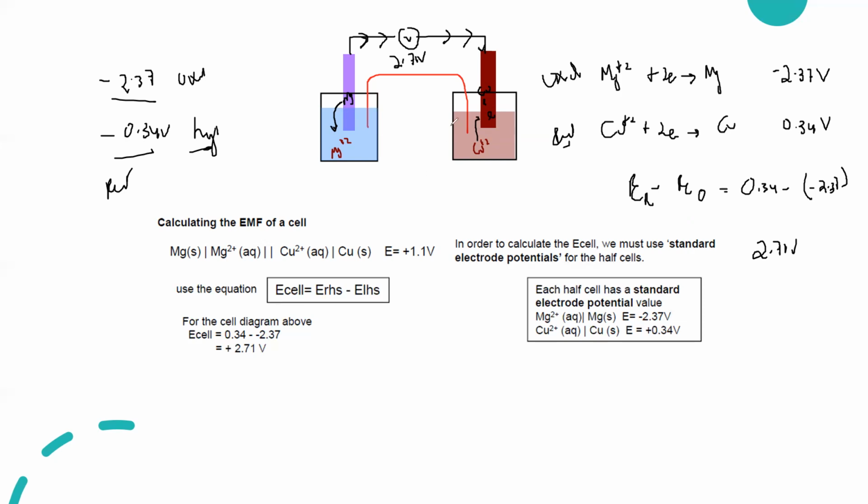When we represent the cell notation, how do we represent it? The electrode goes on the left hand side. So which electrode is on the left hand side? We have the magnesium electrode on the left hand side, which is solid. Then what are the ions present in the electrolyte? Magnesium ion is there, so that is magnesium ion, aqueous. Then this is the symbol for the salt bridge.